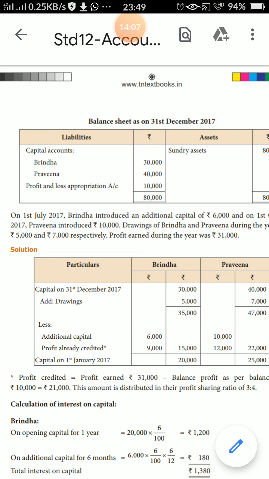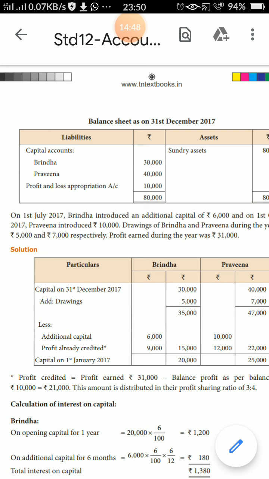The earned profit of 31,000 minus the profit and loss of 10,000 gives 21,000. This 21,000 is divided in the ratio 3:4. 3 plus 4 is 7. For Brinda, 21,000 into 3 by 7, the answer is 9,000.